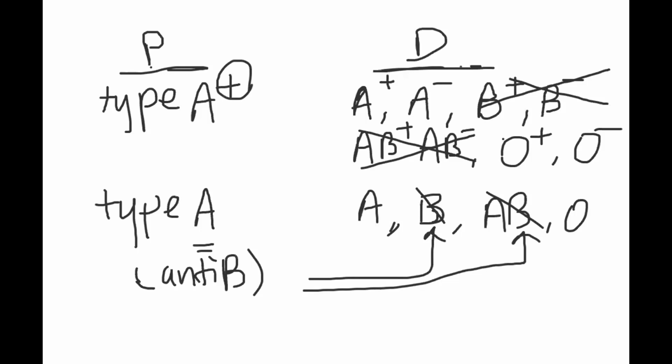If the patient has positive blood, is this patient ever going to be able to produce anti-Rh antibodies? If you have positive blood, you will never produce anti-Rh antibody because that would destroy your own RBC.